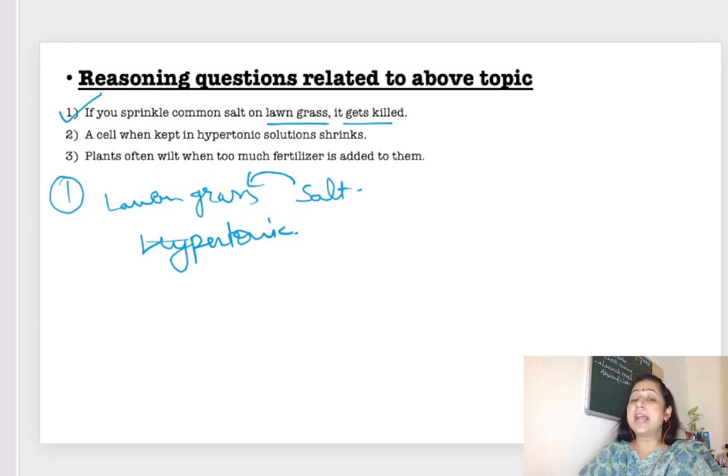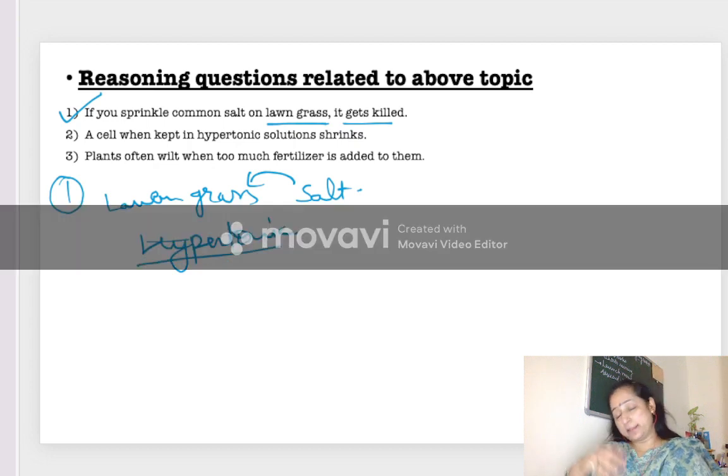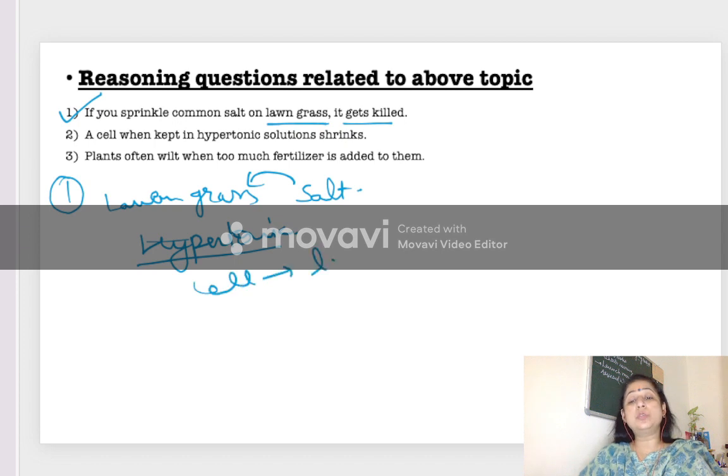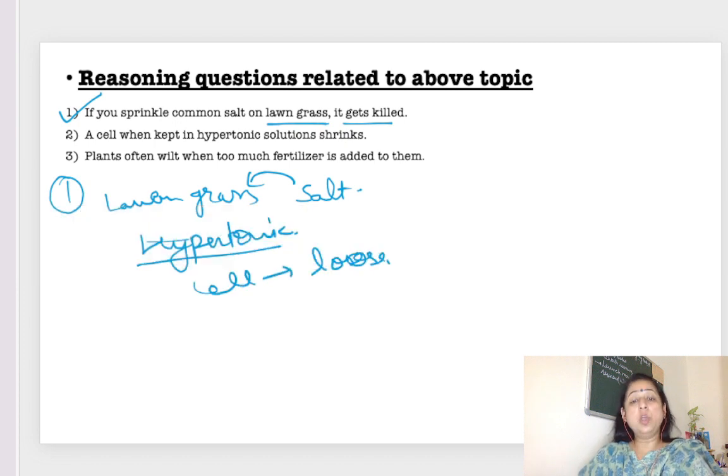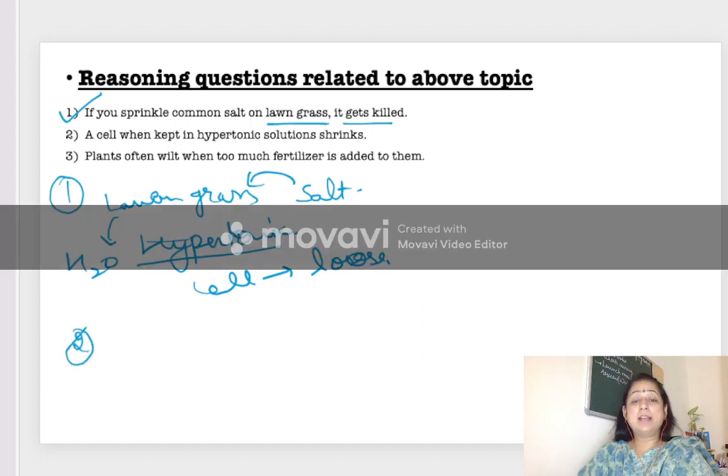So when the salt is added, the soil around the lawn grass becomes hypertonic. And what happens in a hypertonic condition? The cell tends to lose water. So the lawn grass will tend to give out water, hence will shrink, hence will lead to the death of the lawn grass.